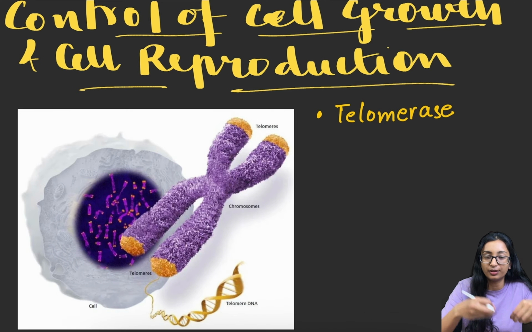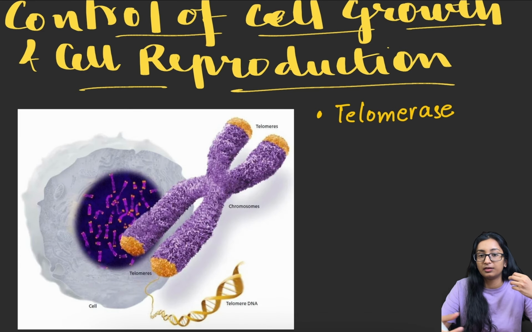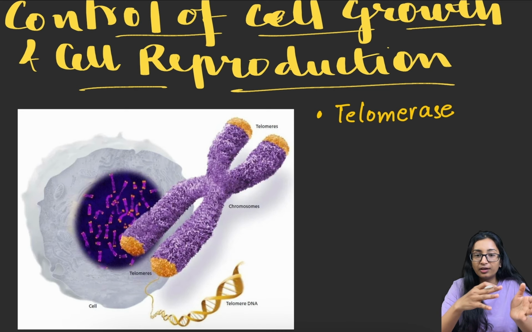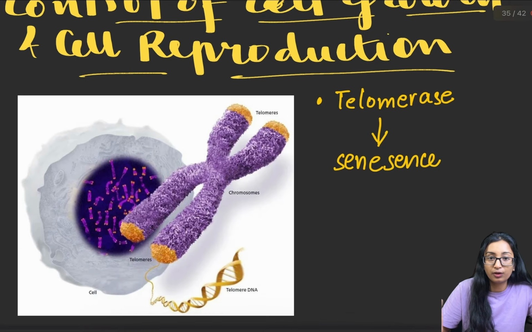If these are not present, the DNA will be replicated as many times as mitosis is going on, and this will lead to cancer. In normal conditions, when these are present, they can deteriorate away, so this can be a sign of aging, the senescence. To get these back, we have an enzyme called telomerase.